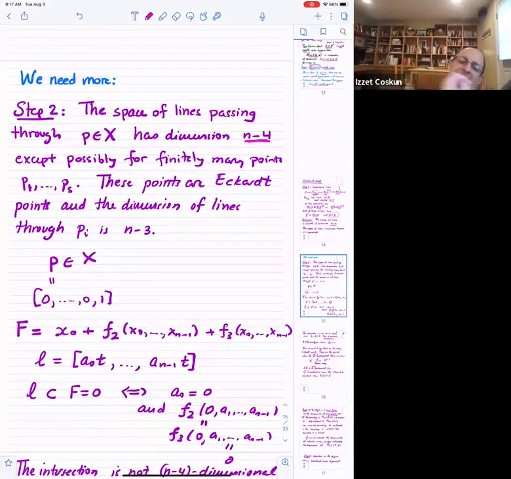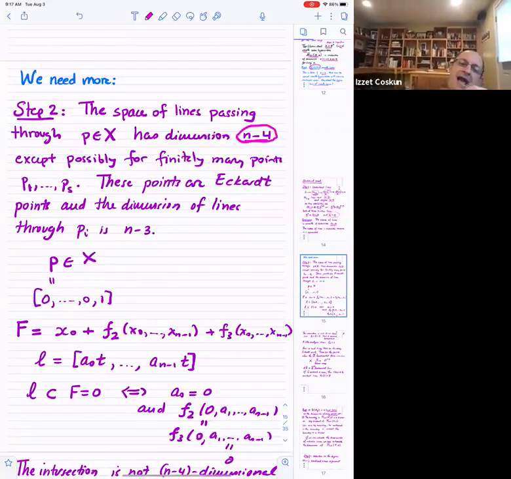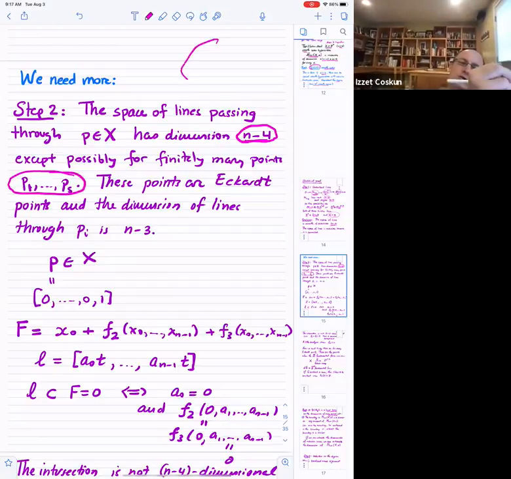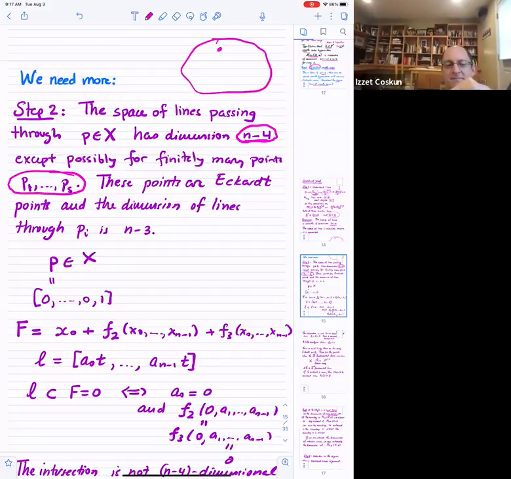In the case of cubics, that's really nice. In fact, this dimension is correct except possibly for finitely many points. In other words, on your cubic hypersurface, the space of lines that pass through a point is n-4 dimensional.